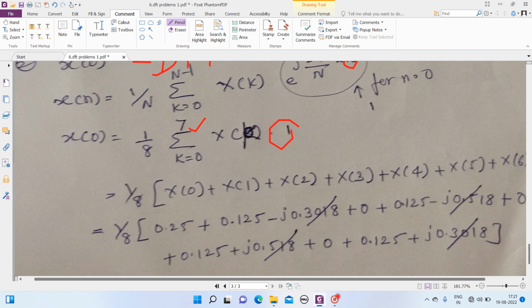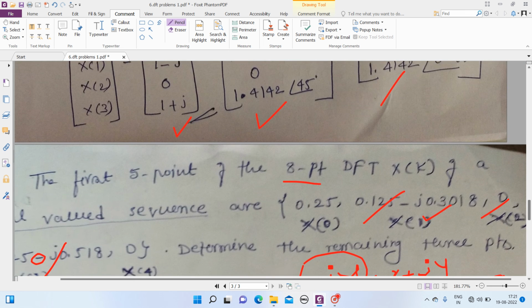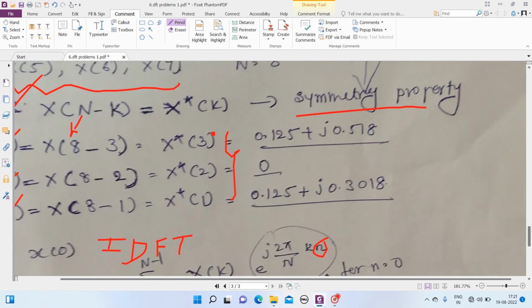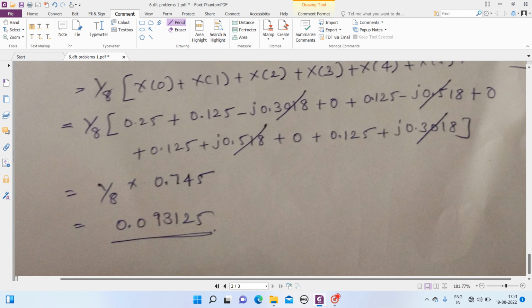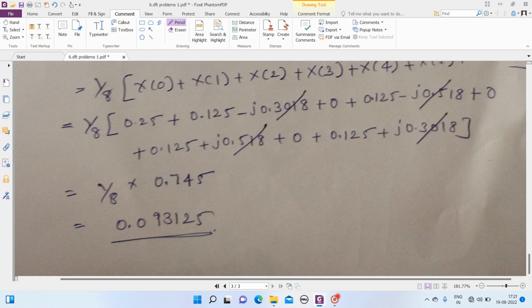We have already determined all these values. Substitute the given values and the determined values, then add them. You will get 0.745. Then if you simplify this value you will get 0.093125, right?